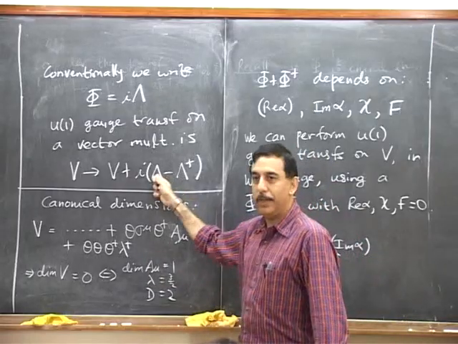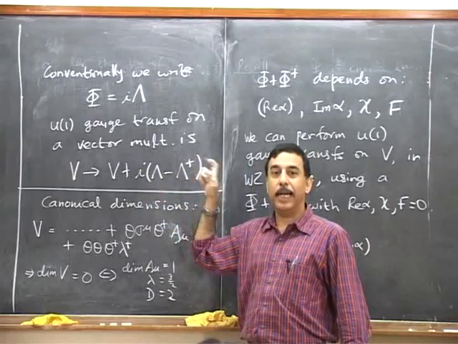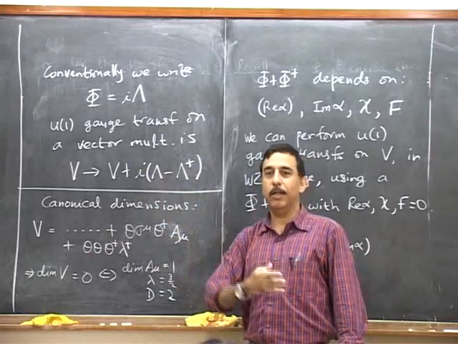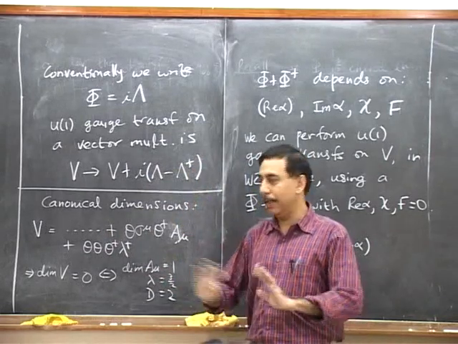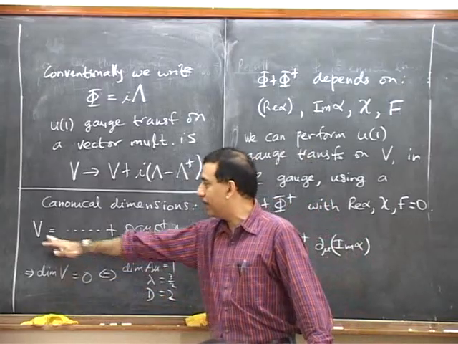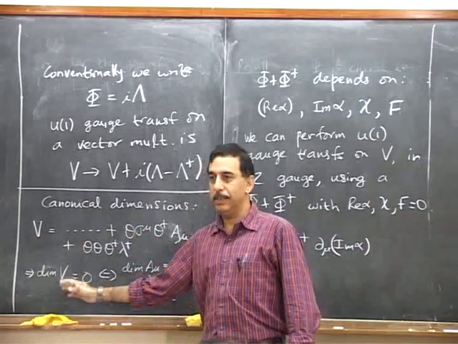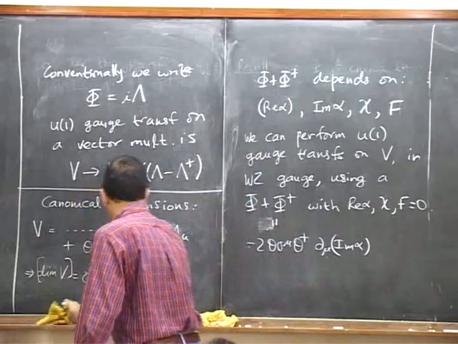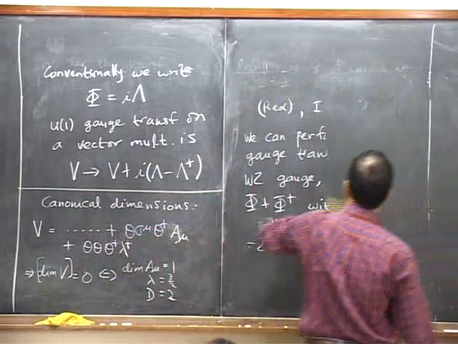Moreover, lambda must have canonical dimension 0 also, which is correct, because lambda contains the gauge parameter im alpha, and del mu of that is what we add to A mu, therefore alpha itself should have dimension 0. So the canonical dimensions are fine, it's very simple, but it's a little surprising because here we've got a superfield which the whole thing has canonical dimension 0. We'll see that this has an interesting consequence in a few seconds.